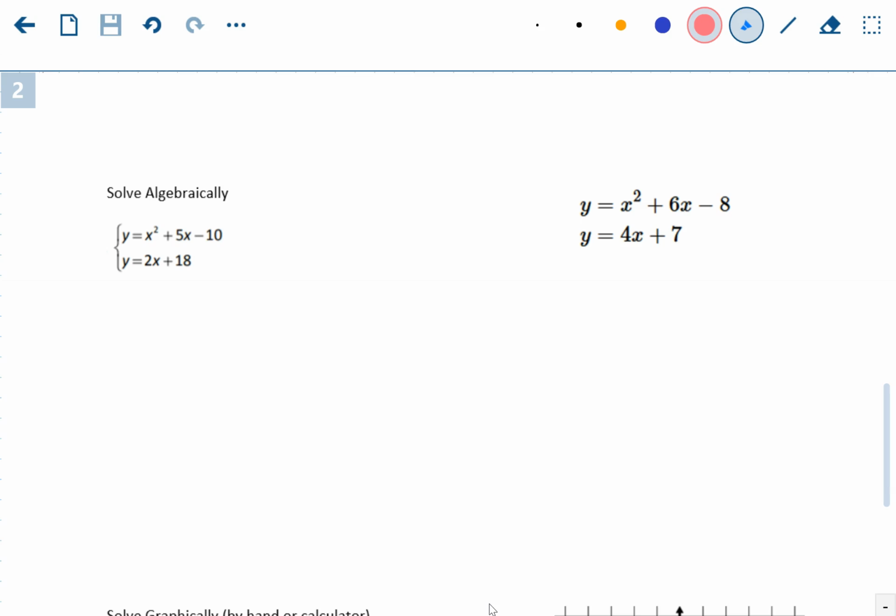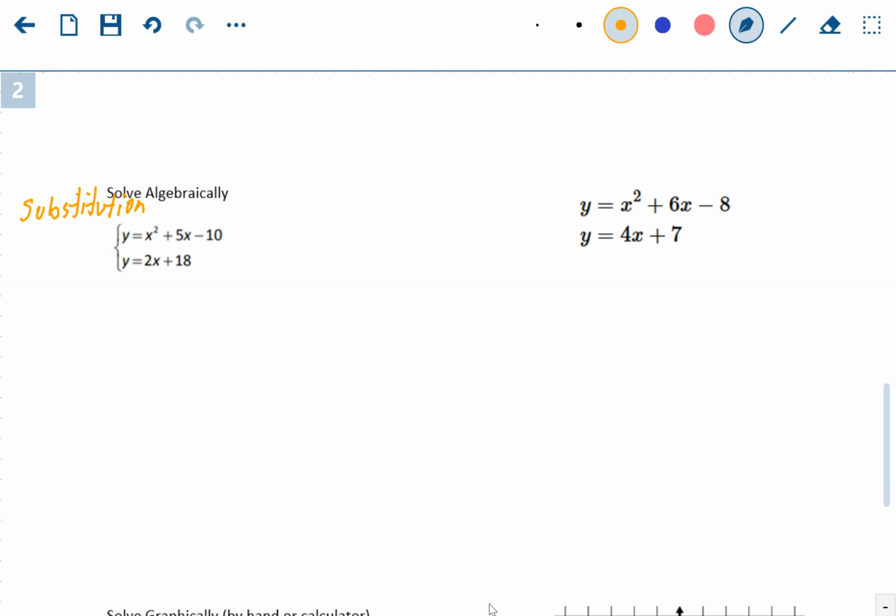Okay. The first method we're going to do is substitution. And we're going to do it on this left one. Okay. Substitution, remember, meant you're completely subbing out one of the variables, and in its place you're going to rewrite what that variable equals. Okay. You can use substitution when one of the variables is already isolated.